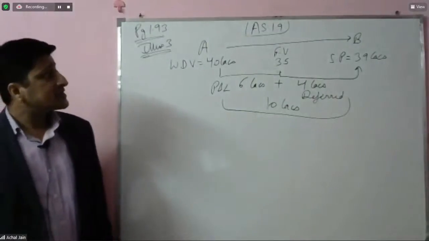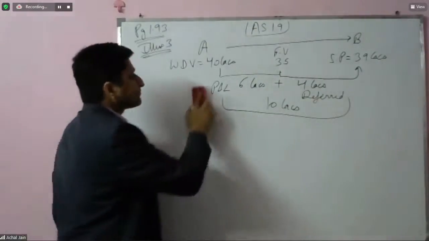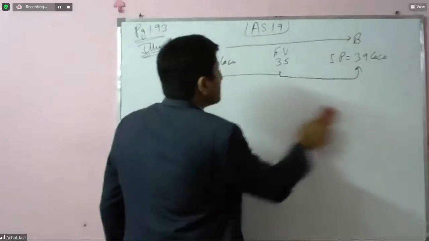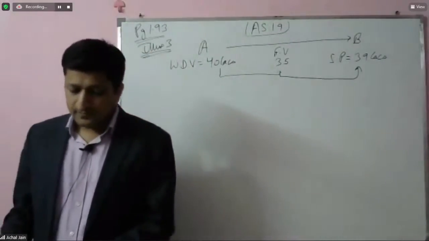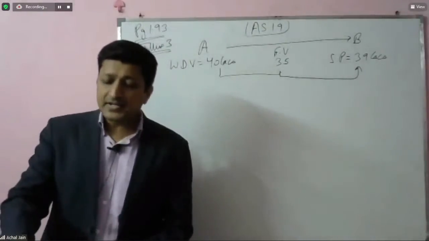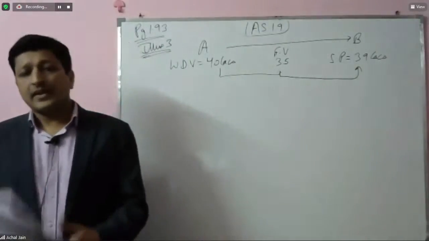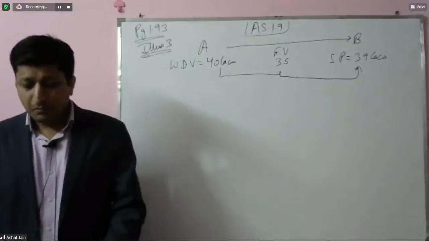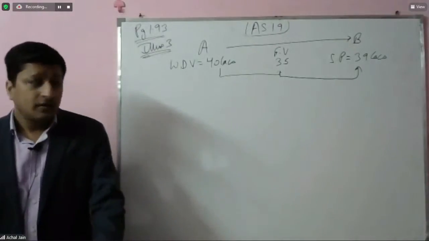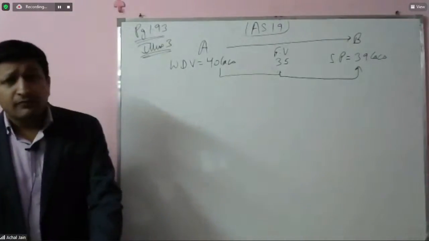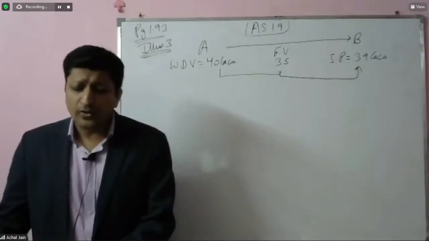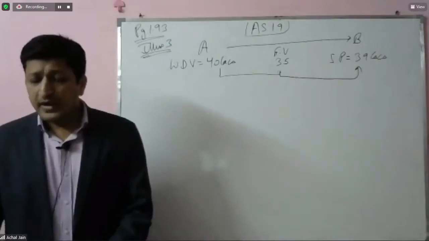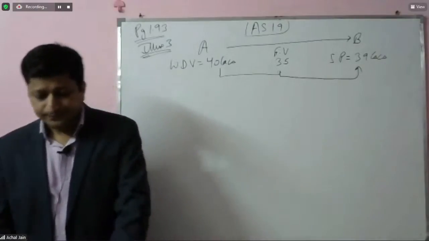You will see that the sale price is in excess of fair value. Sale price is in excess of fair value, correct? But here, all in all, we have incurred a loss. So let's see how the accounting is required to be done in this case.